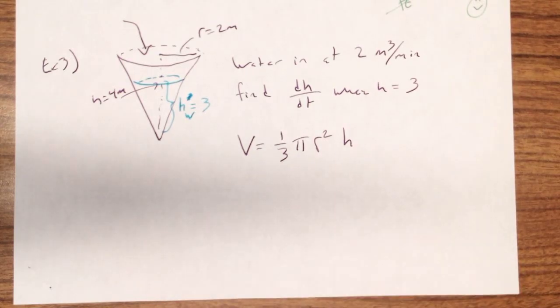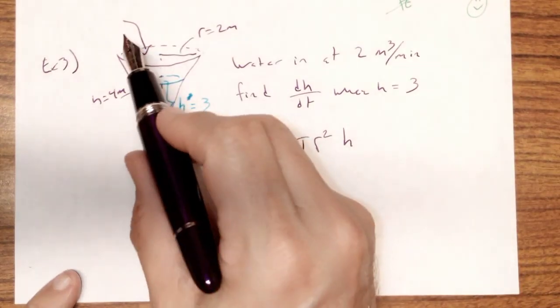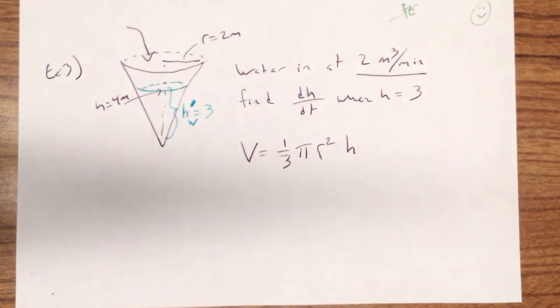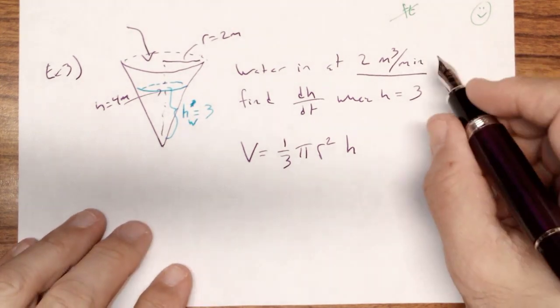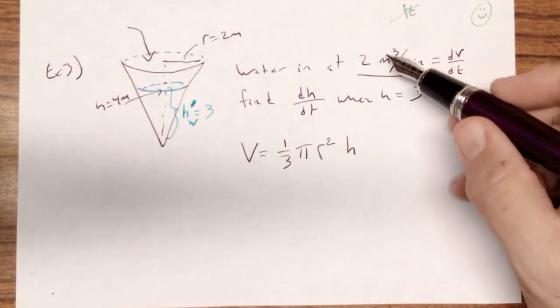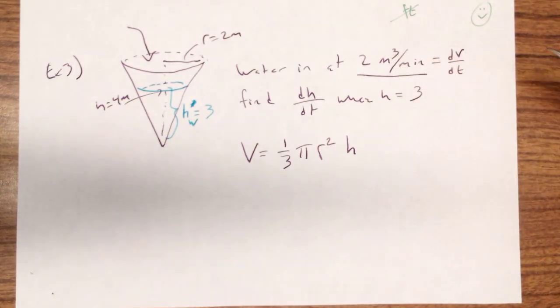Please notice my problem. Water is going into the tank. This number right here, what is that the change in? That's the change in the volume. So that's dV/dt. Cubic meters per minute, volume per time.